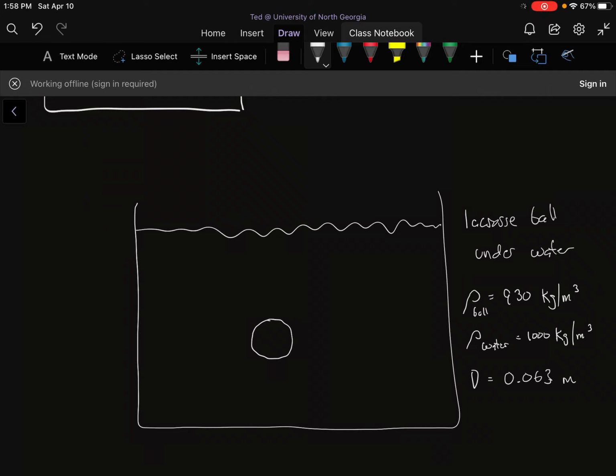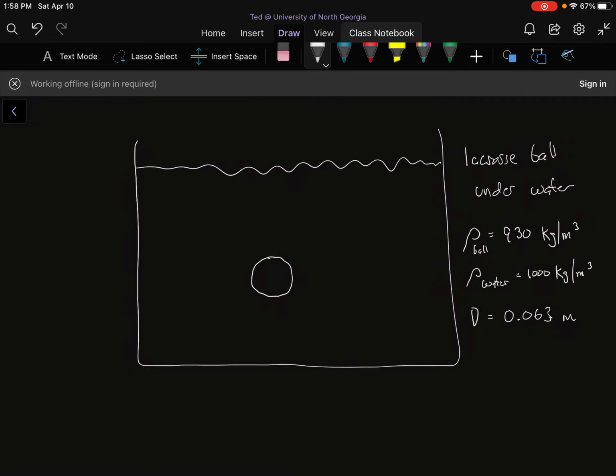If you know what a lacrosse ball is, it's about the same size as a tennis ball, but it's made of solid rubber, so it just barely floats in water. In fact, some lacrosse balls sink in water, but I've decided to make my lacrosse ball out of a relatively lightweight rubber so that it will float in water, but just barely.